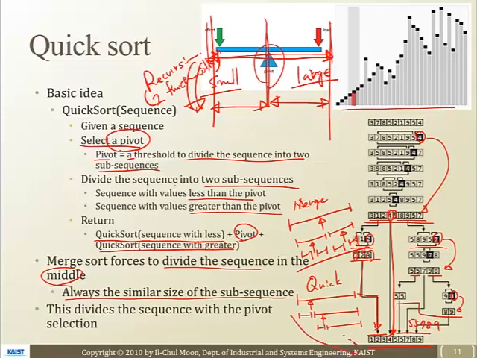This is the really bad case of quicksort, right? In terms of merge sort, it always breaks in the middle. However, in quicksort, the subsequence division is very dynamic. The size is dynamic. So we have to be careful about the pivot value selection. So this divides the sequence with the pivot selection.